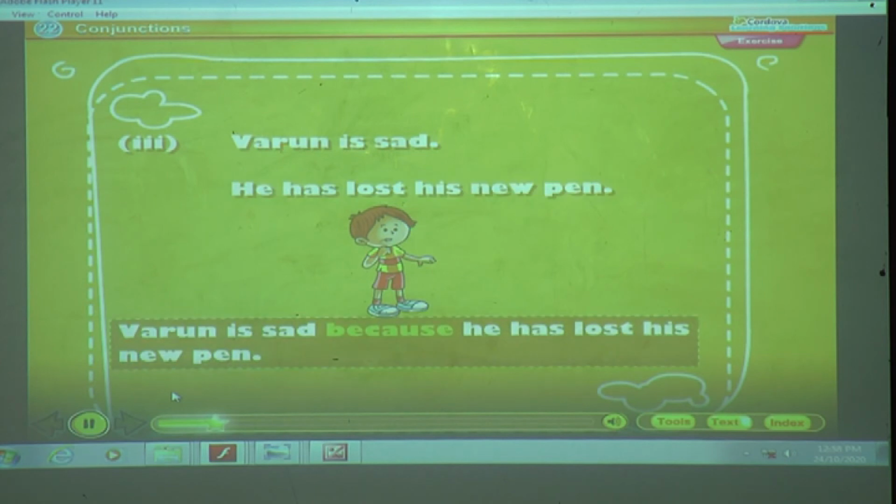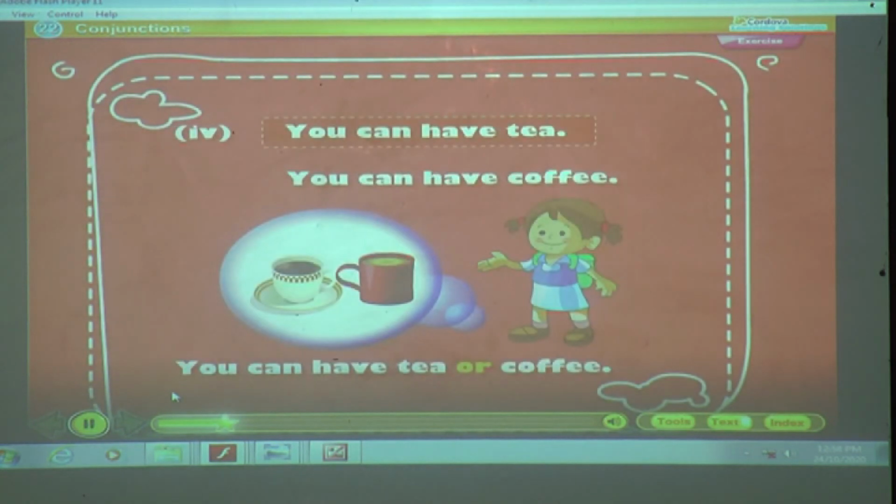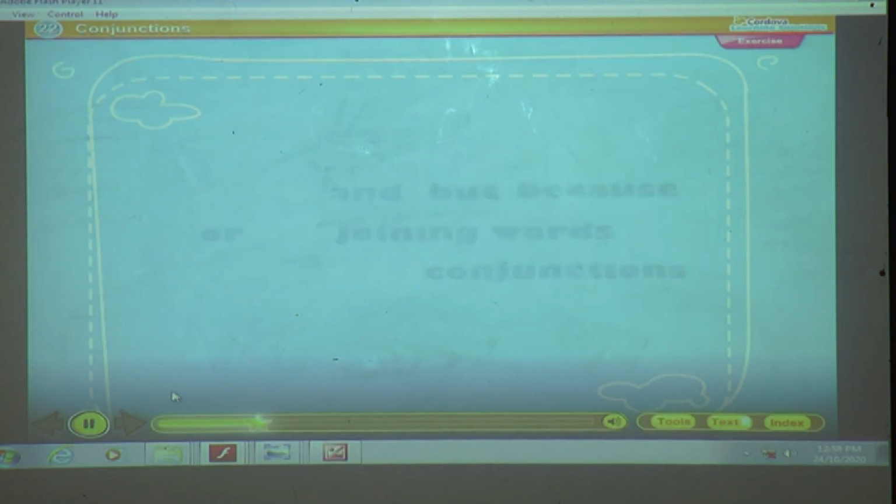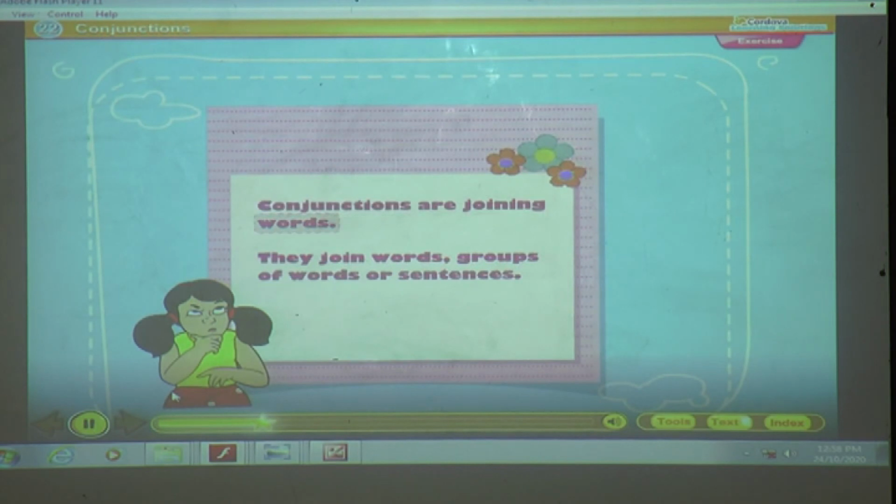Varun is sad because he has lost his new pen. You can have tea. You can have coffee. You can have tea or coffee. The words and, but, because, or are joining words. They are called conjunctions. Conjunctions are joining words. They join words, groups of words, or sentences.